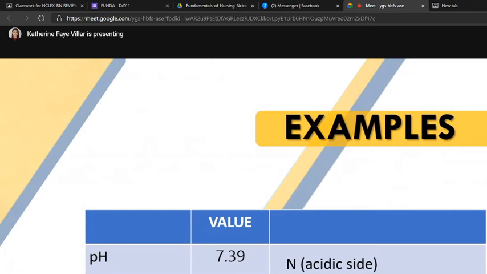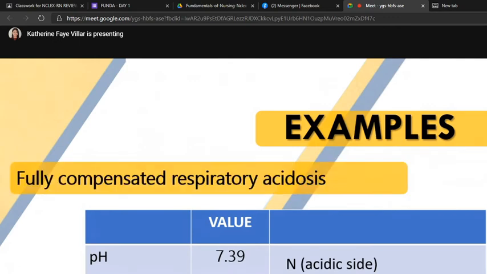Normal pH, abnormal. Fully compensated. Okay, fully compensated respiratory acidosis. Okay? So, yun po.